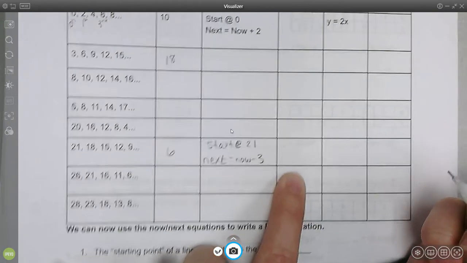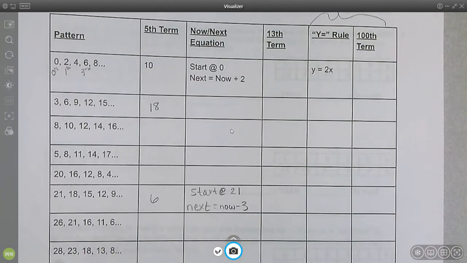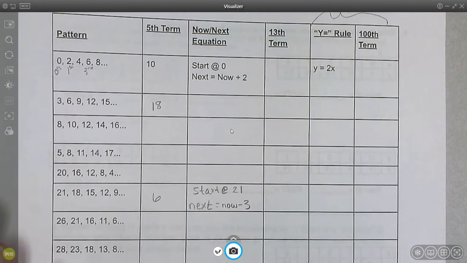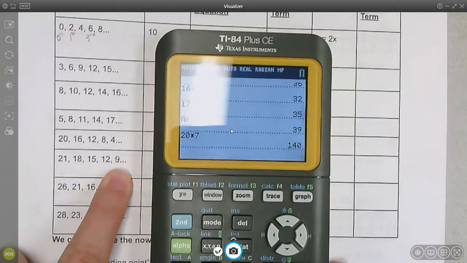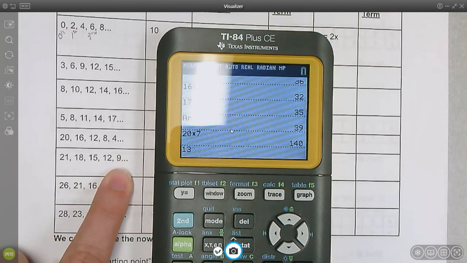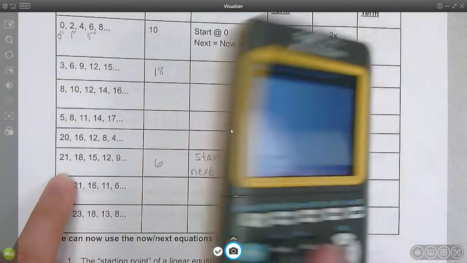Okay, then to find your 13th term, that's when you use your calculator. Could you just go in and write minus 3 every time? Sure, but if you're using your calculator, your first number is 21.